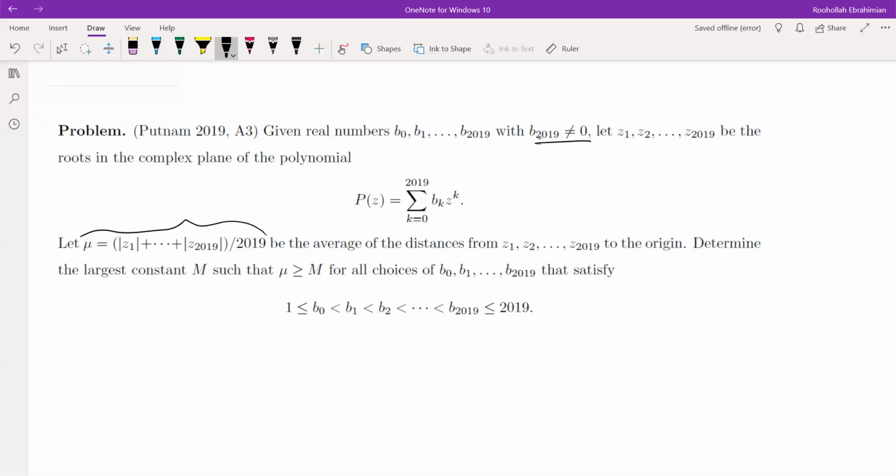Maybe the average doesn't have a minimum, but the values may be getting closer and closer to a value m. Essentially what we are trying to do is show that they're getting closer to some value, and either that value m can be reached or it can be approached.